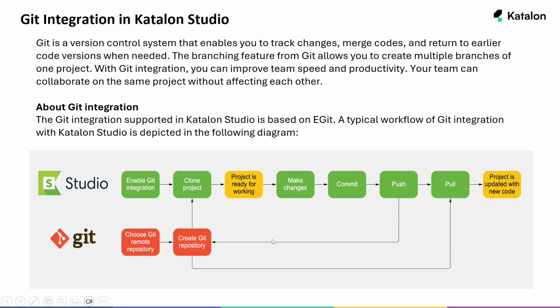If you are working in a multiple team member environment, you can pull all the changes done by other team members from your Git repository to your Katalon Studio. So that means now your project is updated with new code changes done by other team members as well. So this is the typical workflow of Git integration with Katalon Studio.